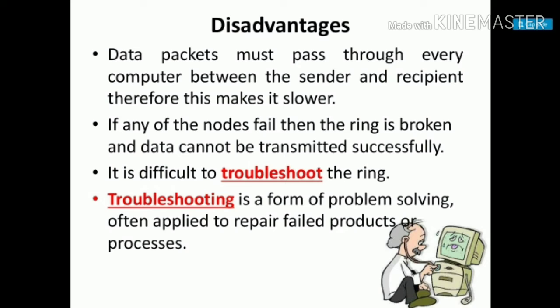Number three is, it is difficult to troubleshoot the ring. Number four is, troubleshooting is a form of problem solving often applied to repair failed products or processes. So we can understand that ring topology is not easy to implement, and it is not very good as a network system.